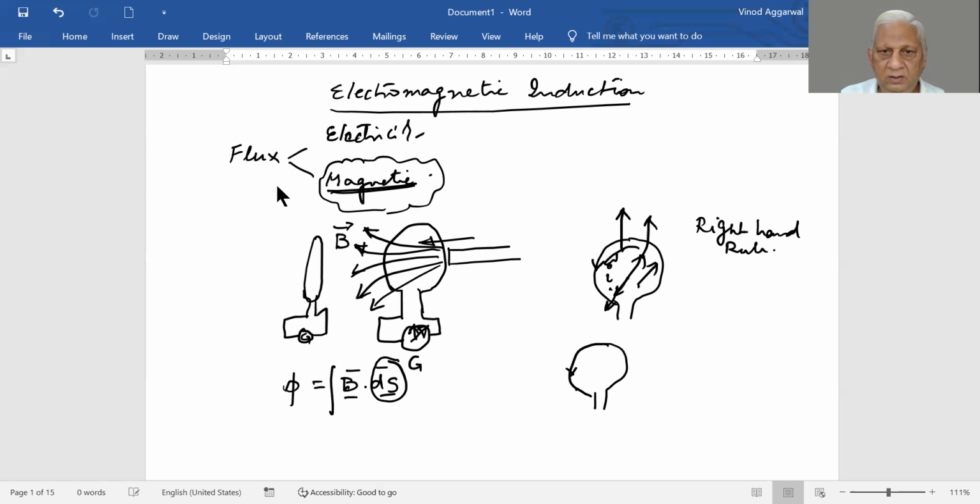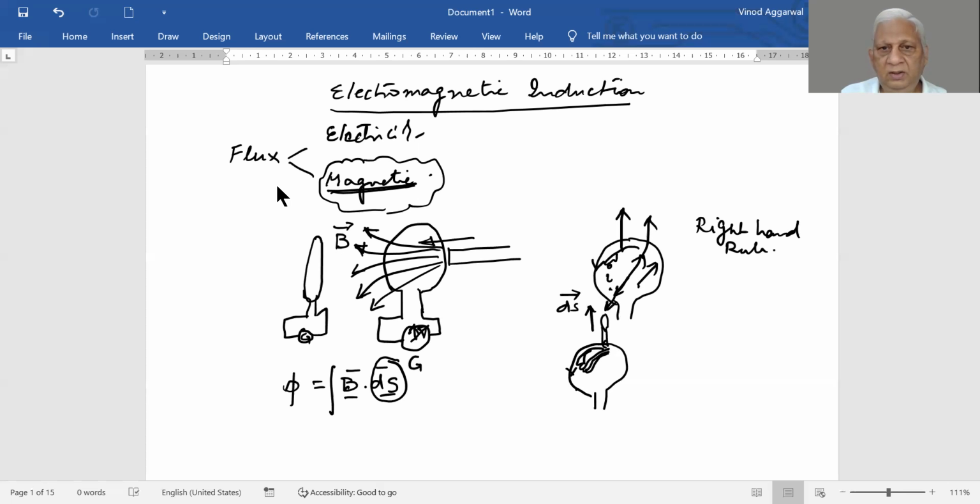This is the current. Curl your fingers in this direction. Then the thumb will give the direction of dS.